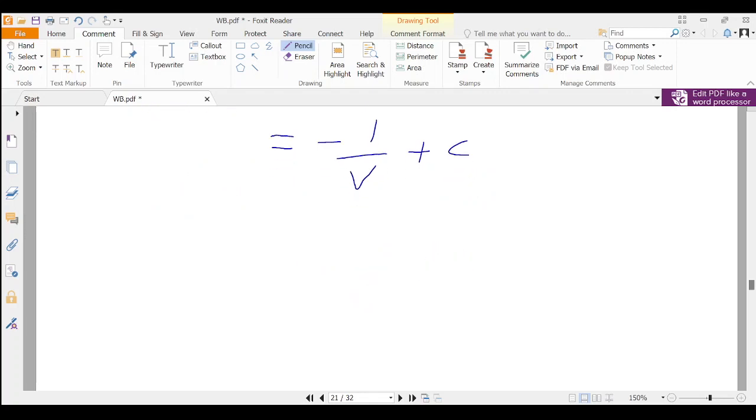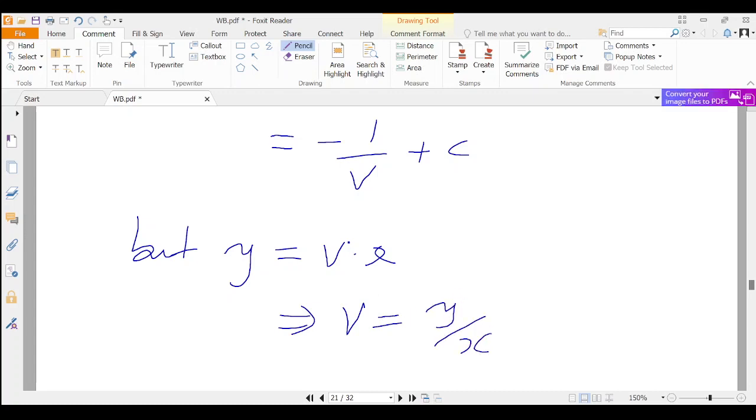But remember, y was v times x, which implies that v is equal to y divided by x. So here we have v, we can write x divided by y. Notice that 1 over v is the reciprocal of this.